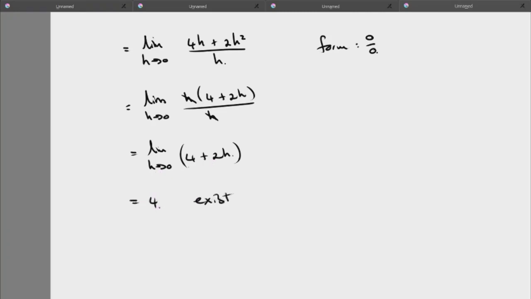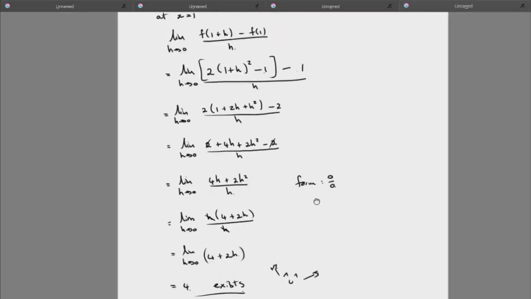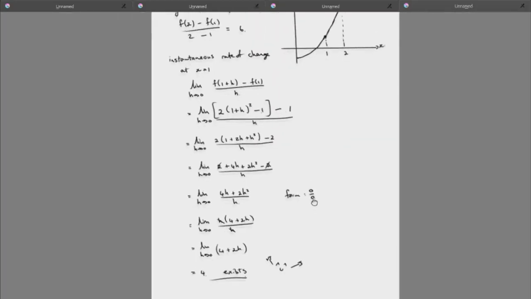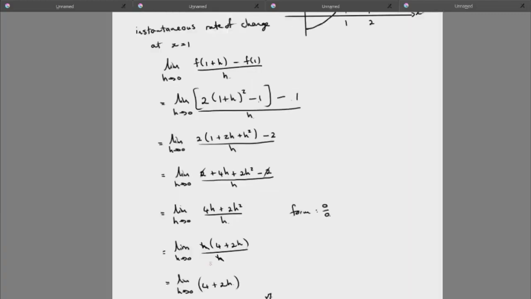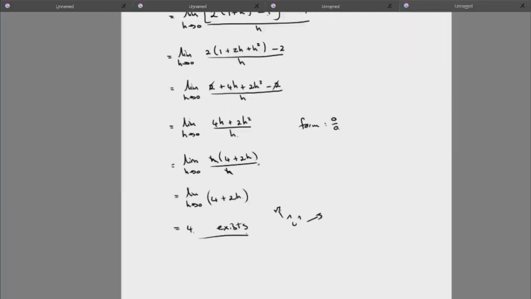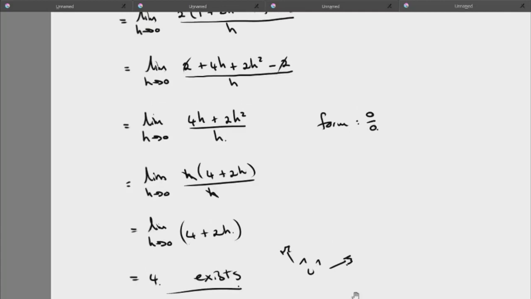It exists. Yay! If I compare that, I see the original 6 approximation by way of the average rate of change wasn't even close to what it actually is. It's actually a 4.